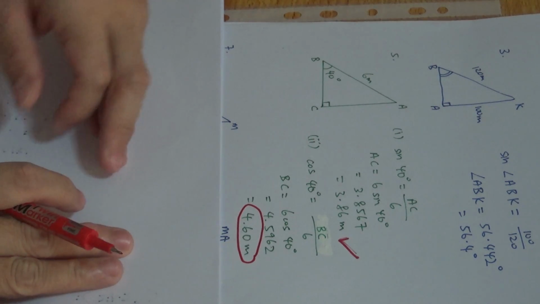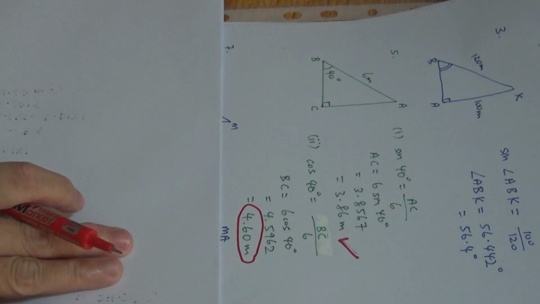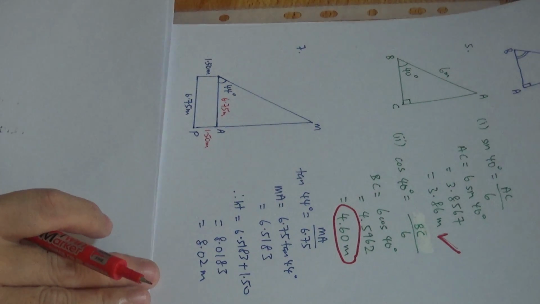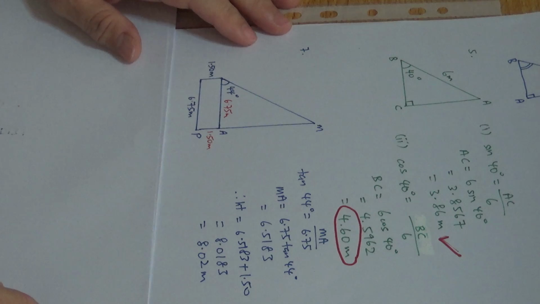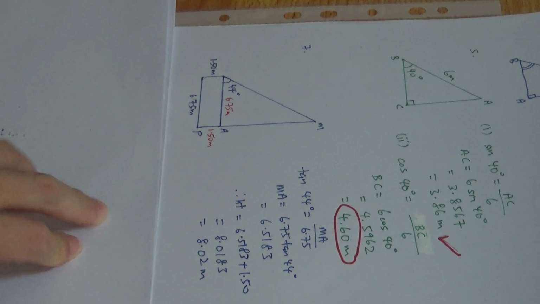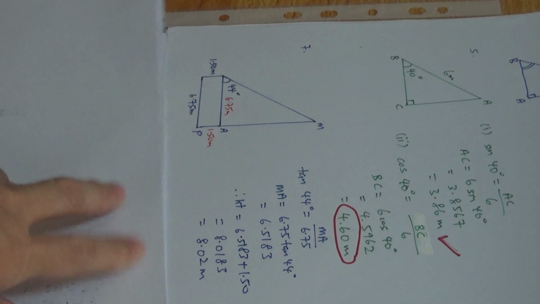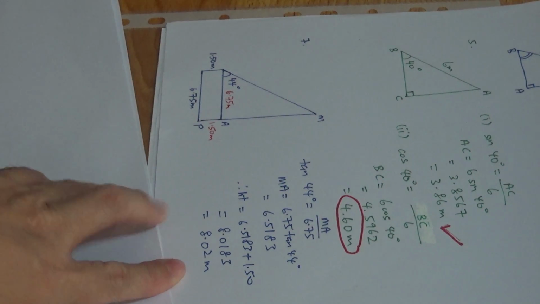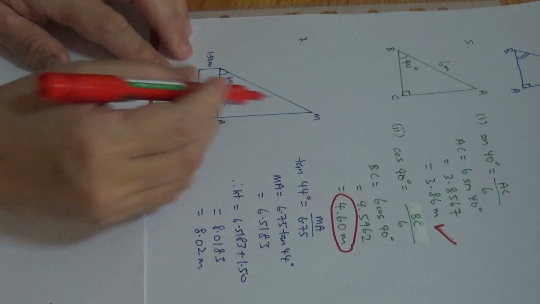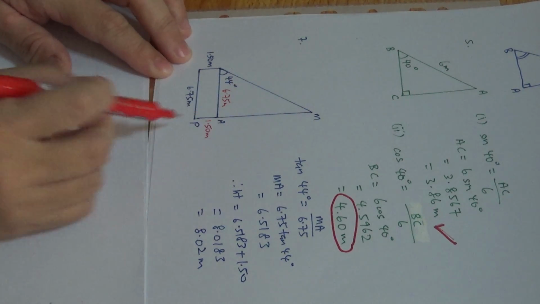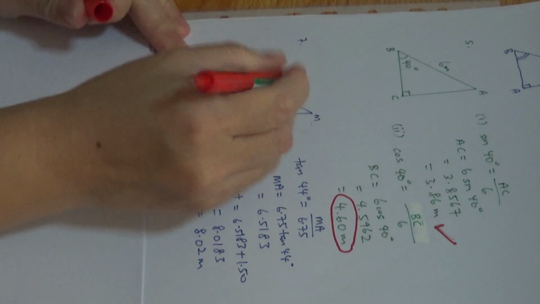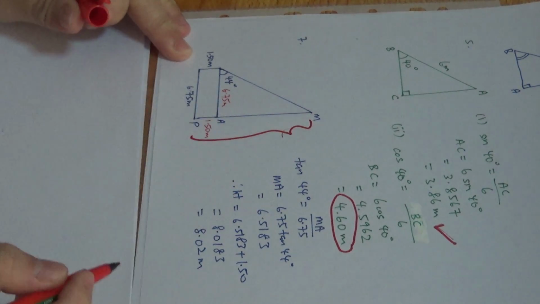Now I'm going on to the next question, and that is question number 7. Now question 7 asks you to find the height of the statue, which is the Merlion. Okay, now we know that the height of the statue is the whole thing, the whole thing here, which is MP.